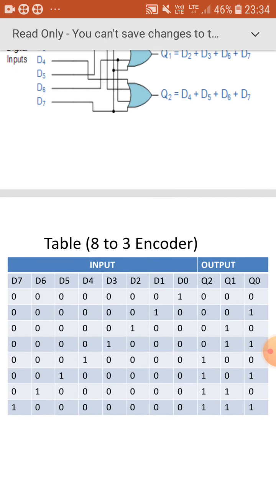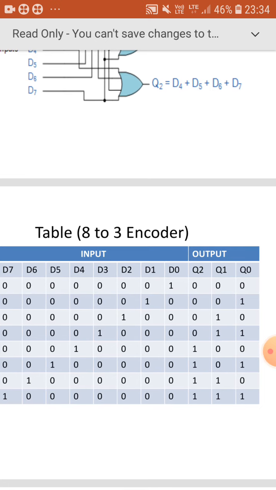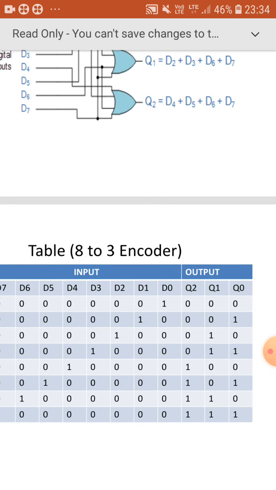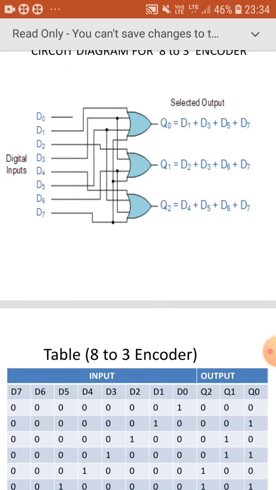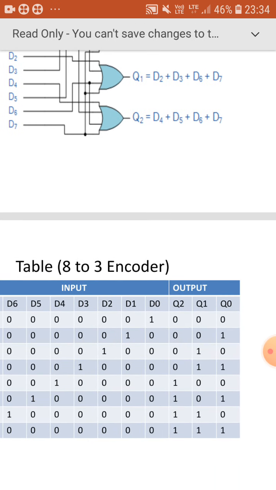If D5 is 1, then the output will be 101. That means 5 is encoded as 101. Okay, it converts the input into binary form. So this is the working of the encoder. Okay, thank you.